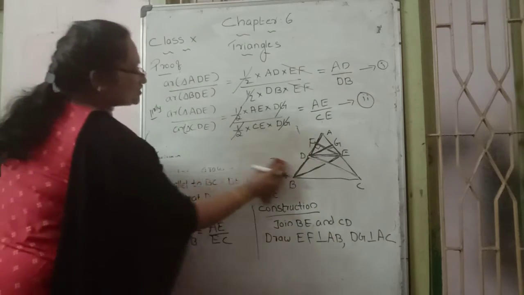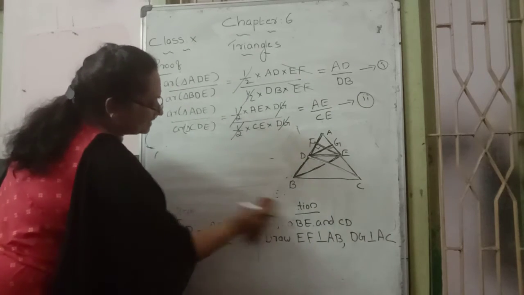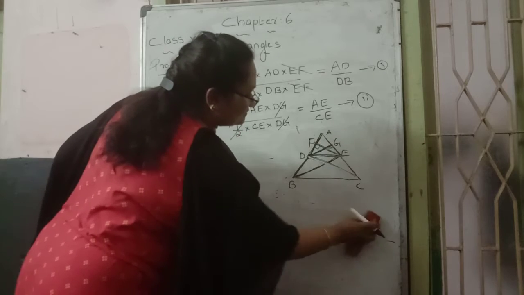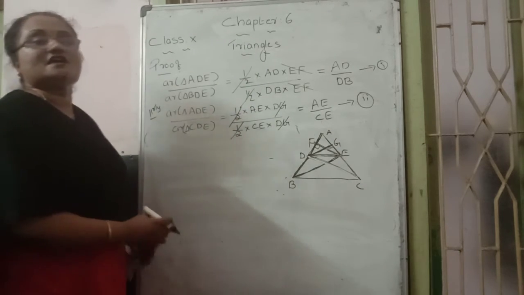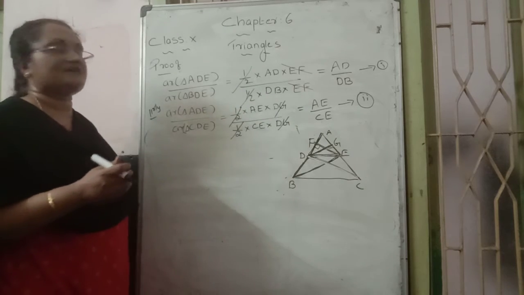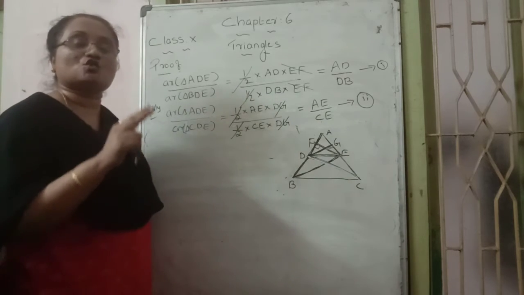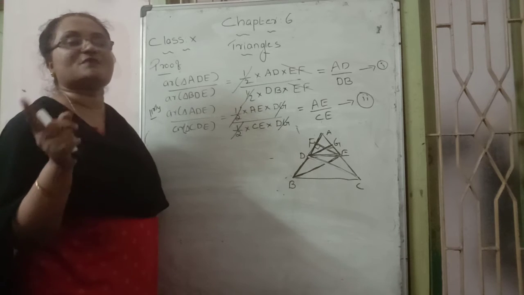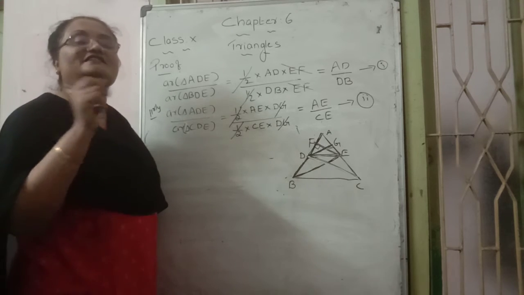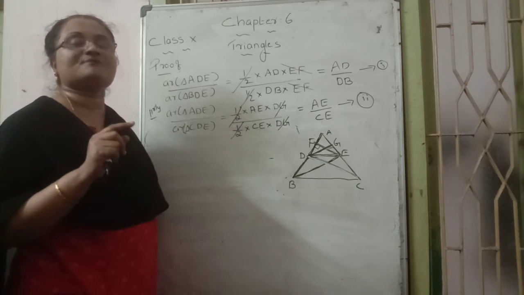Next, in the 9th chapter last year, we learned about areas of parallelograms. We learned that if two triangles stand on the same base and the base is parallel to the opposite side, then the areas of those two triangles are equal.